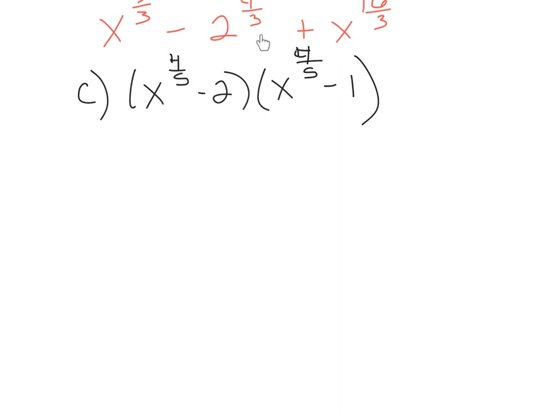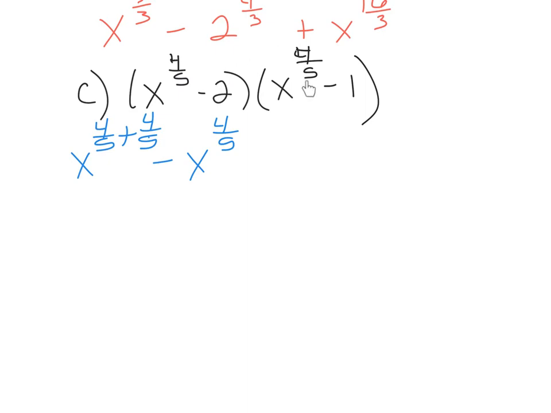So first this term times this term, and that will give us x to the 4/5 plus 4/5. Multiply. When you multiply, you add exponents. And then this times this gives us negative 1 times x to the 4/5.